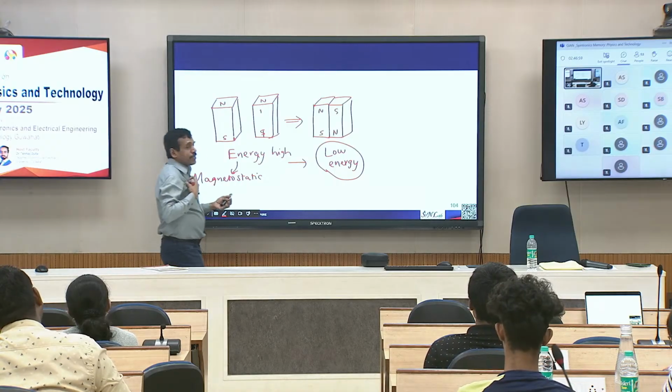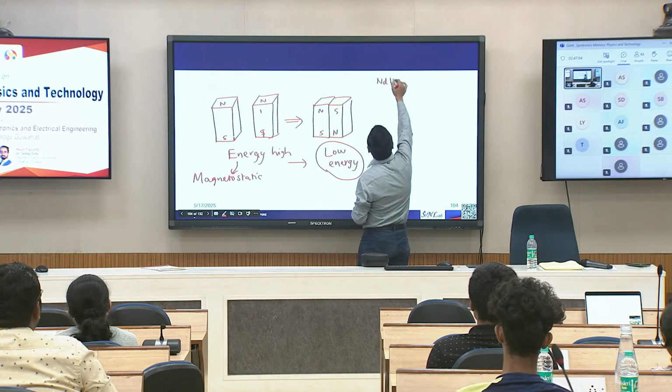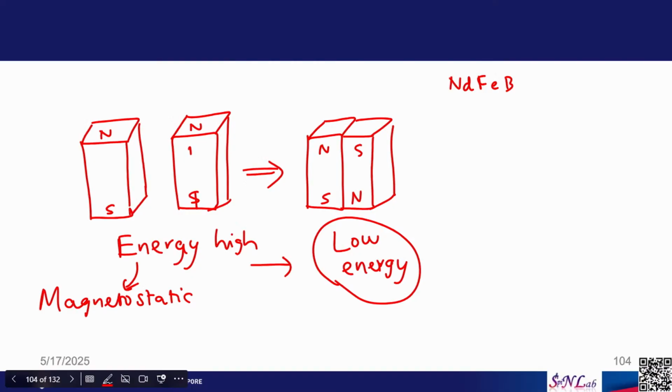Okay, let us say I try to prepare a piece of neodymium iron boron. I have formed powders, so I bring all the powders close to each other. Each tiny piece of iron has a certain magnetic moment.